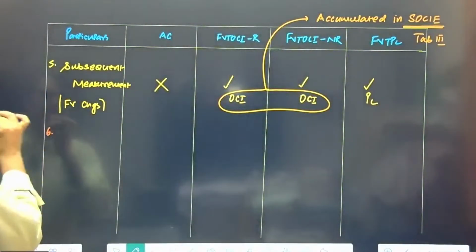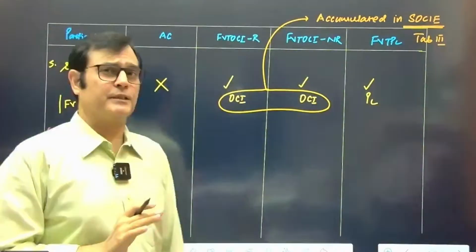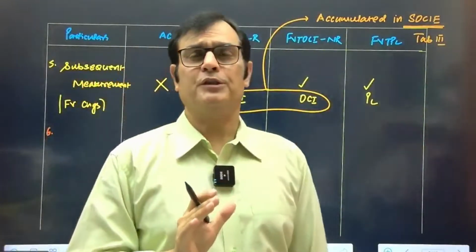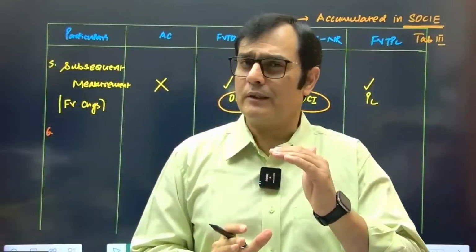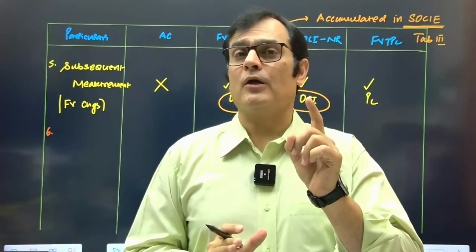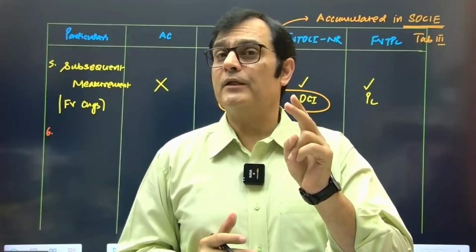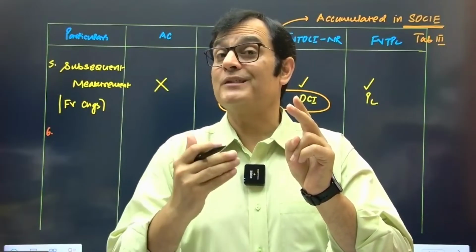Let's take some more elements now. Number 6. Though I made a mention in terms of the fair value changes, let me now also replicate two things. There is an unrealized gain or loss, which is nothing but a fair value change. And there is a realized gain or loss, which is nothing but a profit on sale.